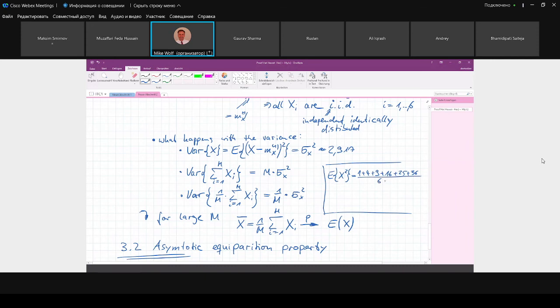This is what we denote as the total power, or the second moment. I don't know exactly what comes out. Maybe we can calculate it. So this would be 5, 14, 30, 55, 91. So this is 91 by 6.